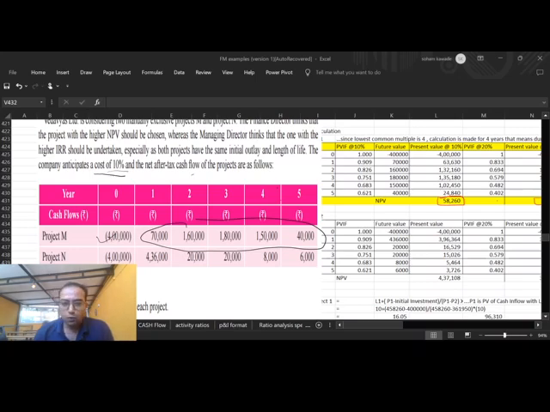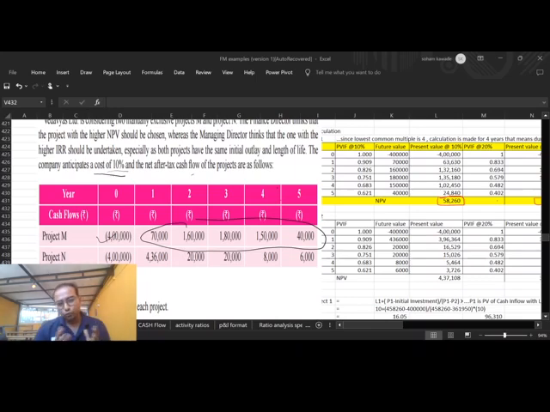is nil. So for finding out IRR, we need to calculate NPV of that project with two rates. One is lower rate, which is normally taken as 10%, at which rate the NPV of that project will be positive, and one is higher rate, which I normally take as 20%, at which the NPV of that project will become negative.